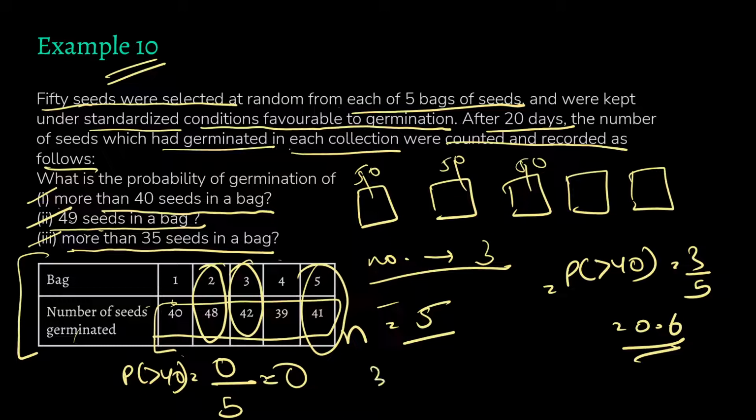So P of more than 35 is equal to 5 divided by 5, that is all by all, which is 1. So the probability of selecting a bag with more than 35 germinated seeds is 1. That is, it is always true, and you will always get one such bag.